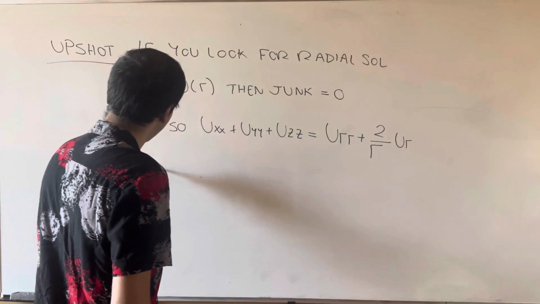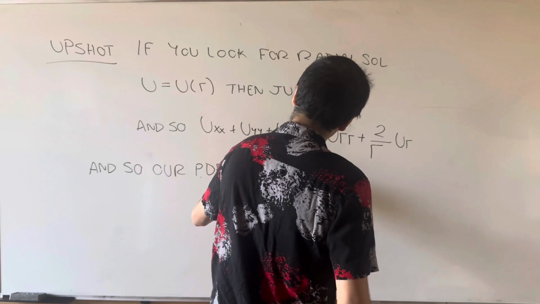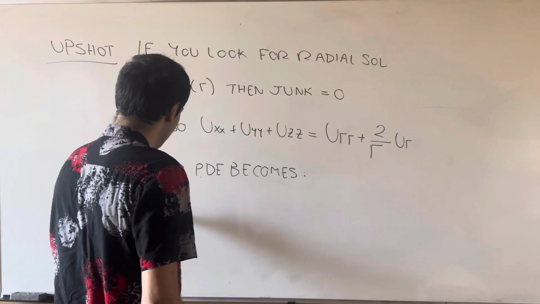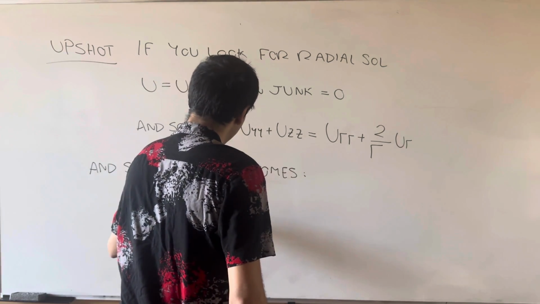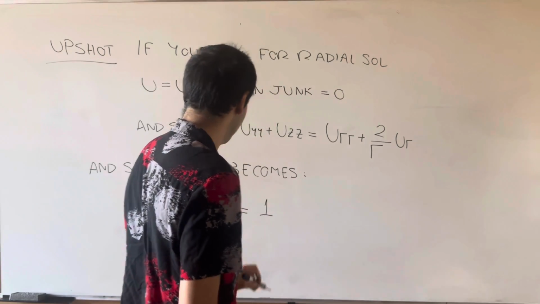And remember our equation was this equals 1, so our PDE becomes urr plus 2 over r ur, and remember the right hand side was still 1.